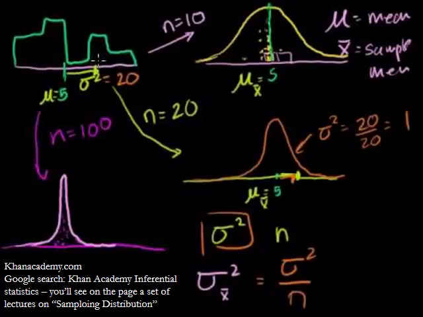So what he has on this slide is what the sample mean distributions might look like if you took an infinite number of samples of 10, an infinite number of samples of 20, and an infinite number of samples of 100.